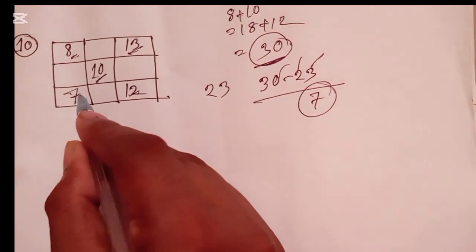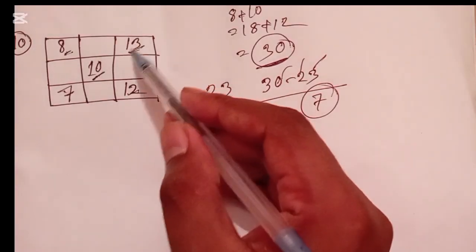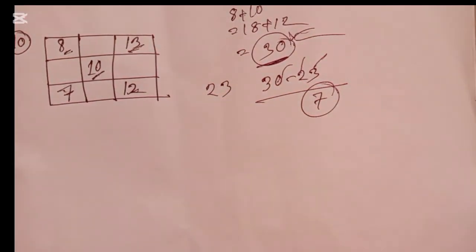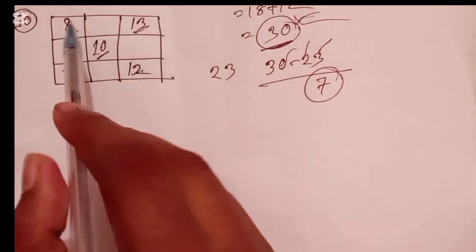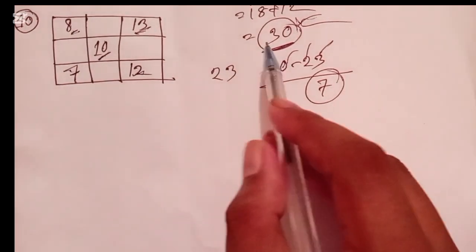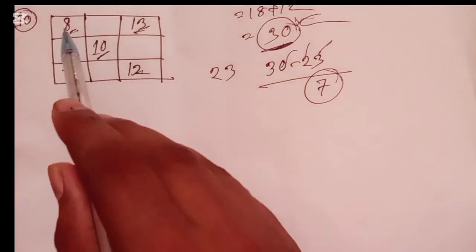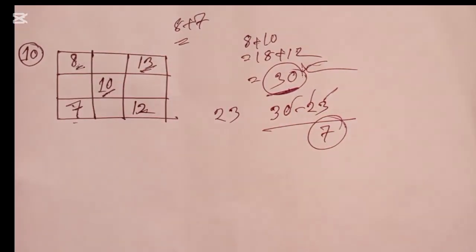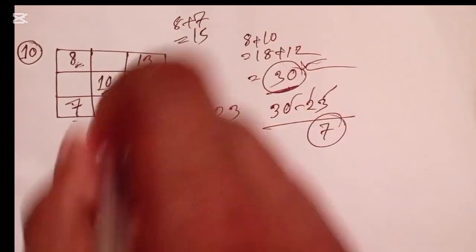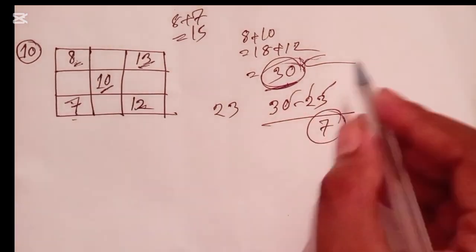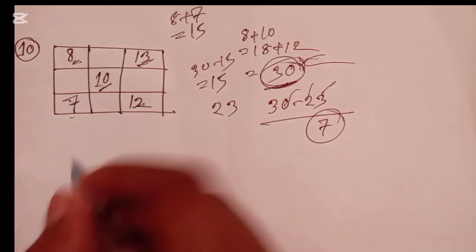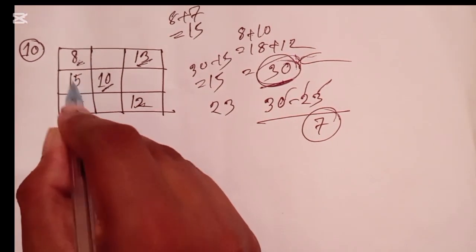So put here 7, and if we add these three numbers, we get 30. So 1 is completed. Then 8 and 7, all together will be 30. If we add 8 and 7, it will be 15, right? But we need 30. So 30 minus 15 is 15. So here will be 15.